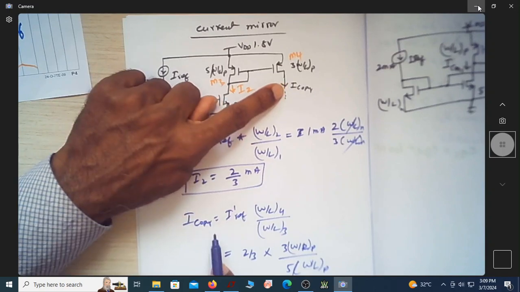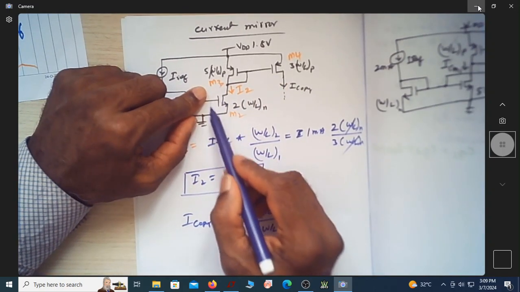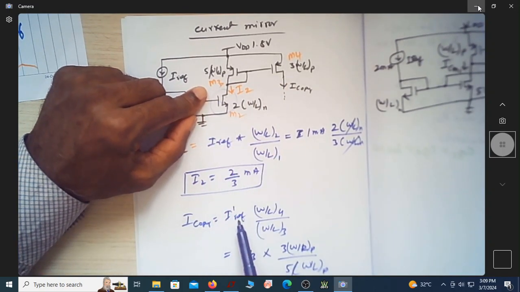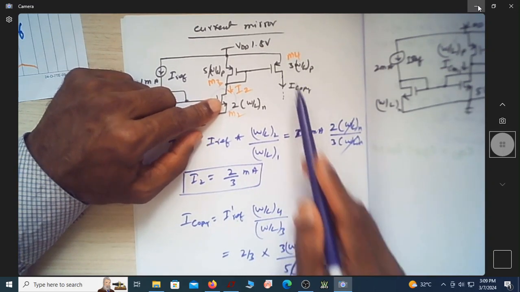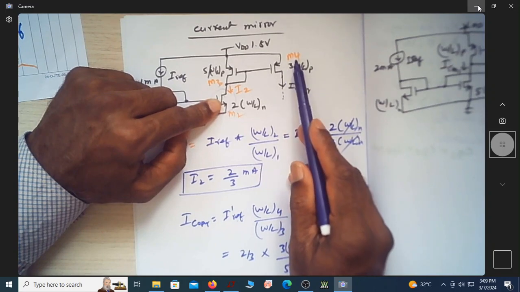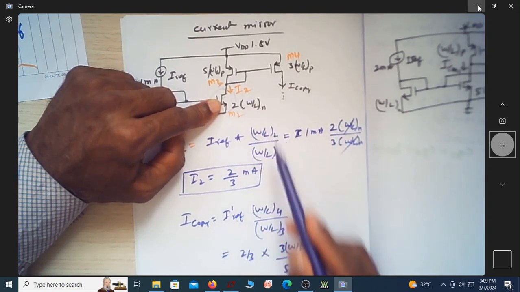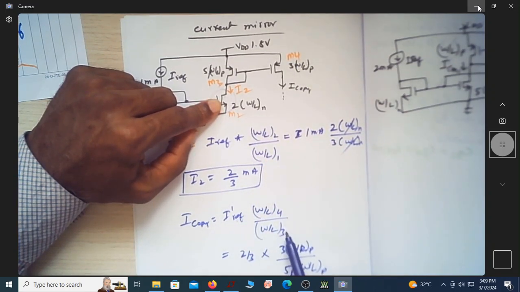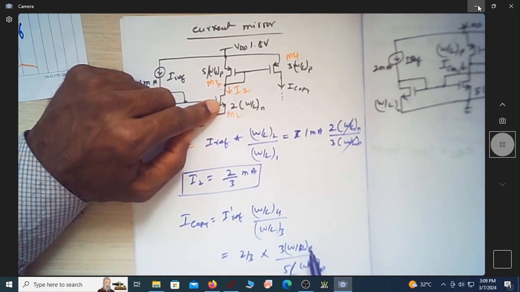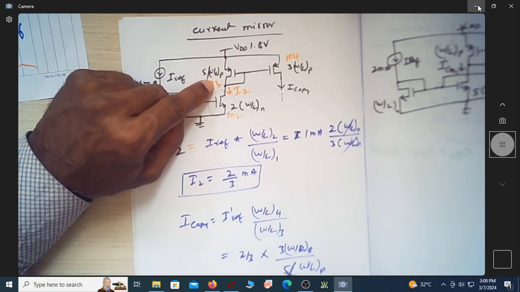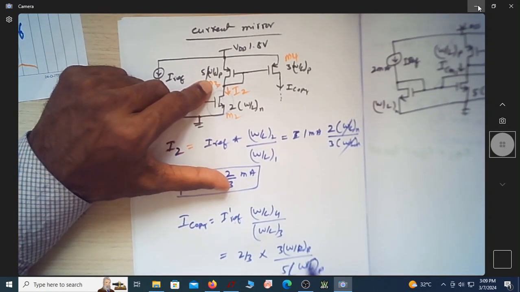The current flowing here is nothing but, I2 becomes the reference current, which is 2 by 3, and the dimension is W by L of 4 by W by L of 3. This is the 4th transistor, this is the 3rd transistor. W by L of 4 is 3 times W by L of P, and W by L of 3 is 5 times so and so. So this will go with this.